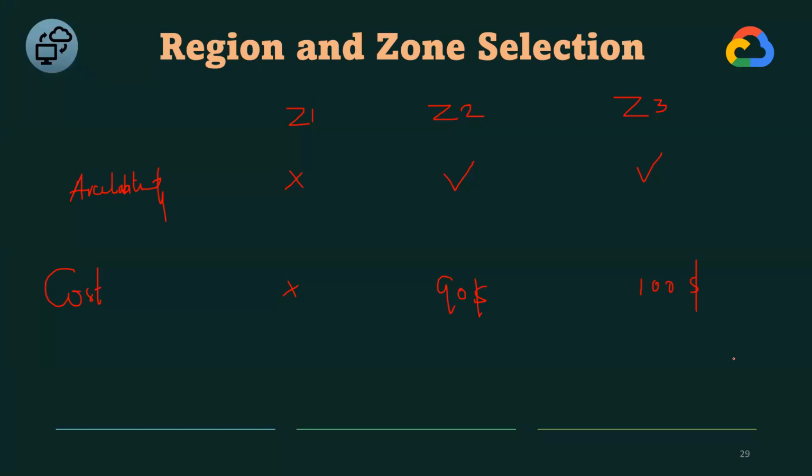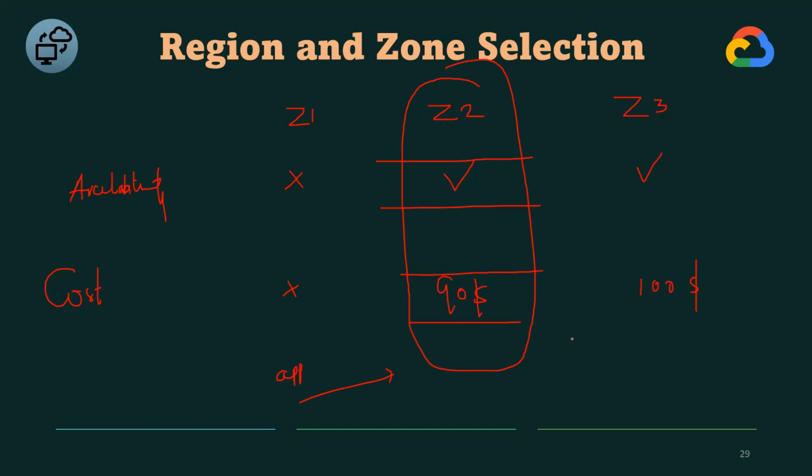Where we have to deploy our service? The cheapest one. Yes, zone 2. We have to deploy on top of zone 2, because your application resource is available here and the cost of that particular service is also lower. So this is how you have to select it.